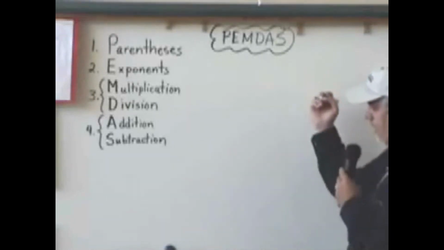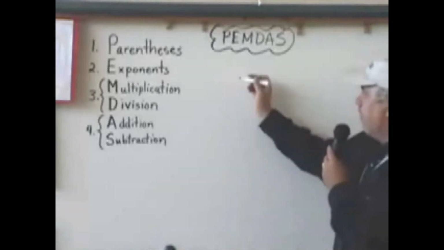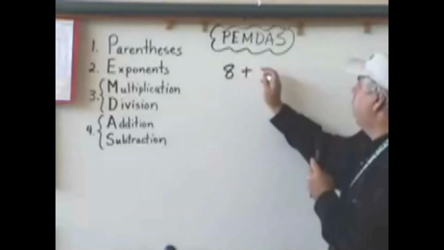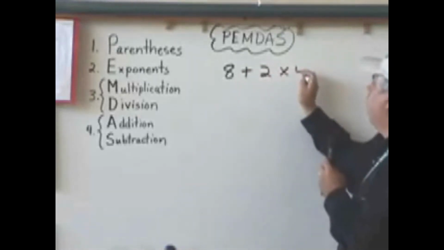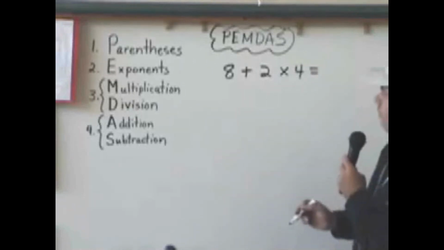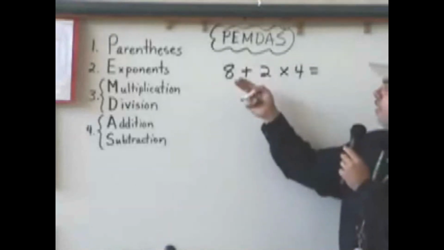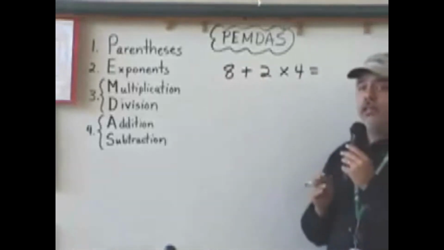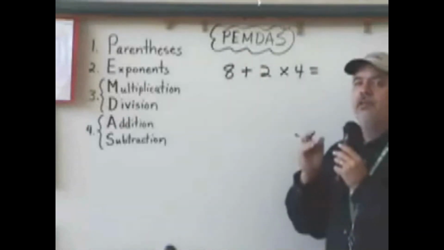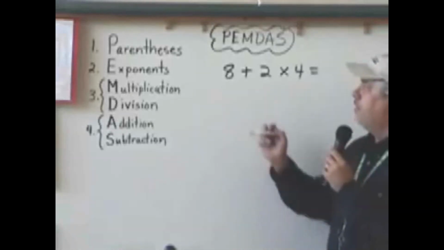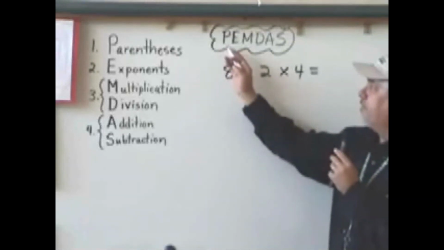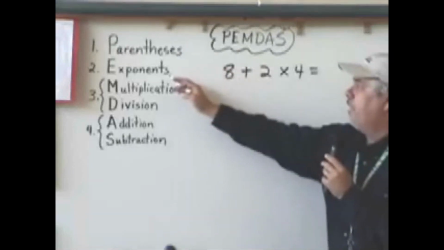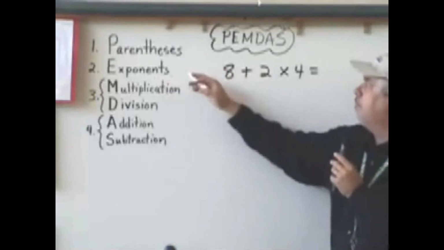Let's take something easier. Let's do 8 plus 2 times 4. And we have to say, what does that equal? Well, you would think that maybe you would just say, oh, 8 plus 2 is 10 times 4 is 40. But you would get the wrong answer if you did that, because you have to follow the rule. The rule says parentheses always comes first. There are no parentheses in this problem. So then we move on. Exponents always comes next.